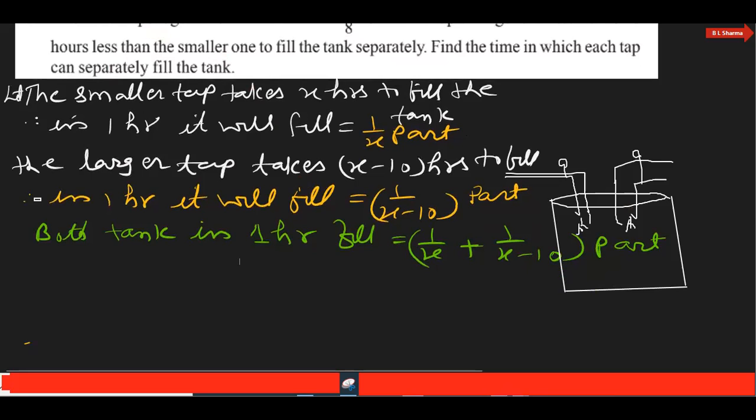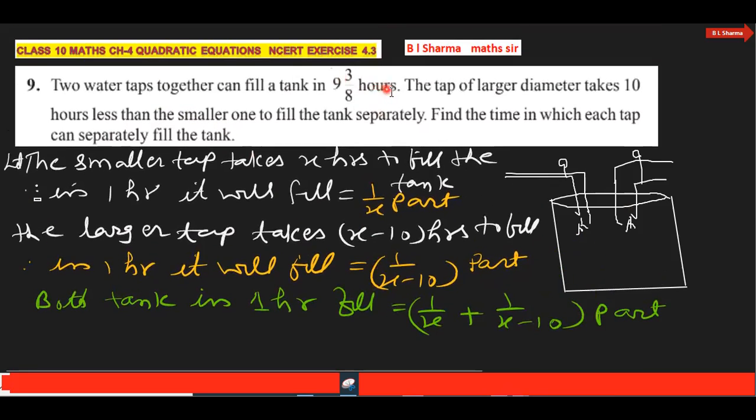But it is given that in 9 3/8 hours, it will be completely filled.